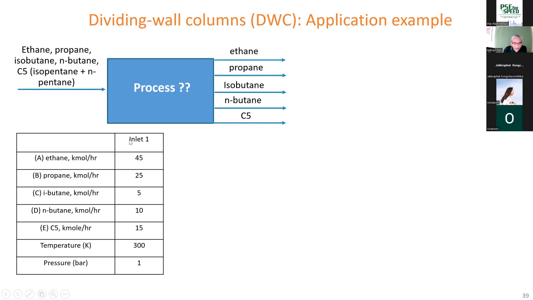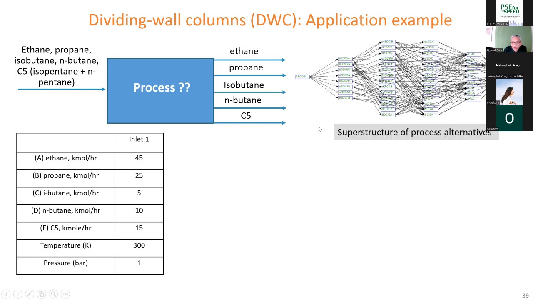How many ways can we get these products by just separation? We can do what is known as a superstructure. We have the feed here, and we have the 5 products here, and there are different ways. We can go this way, this way, this way, this way, this way. So that would be one.